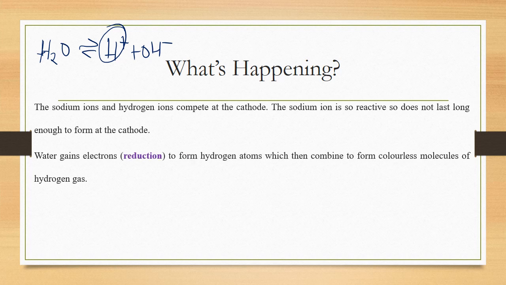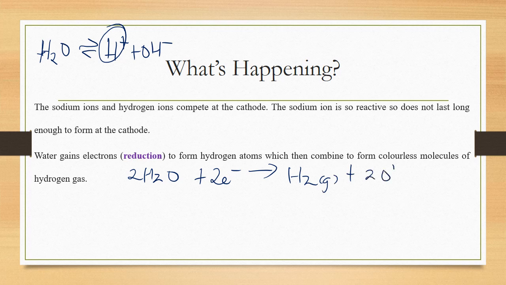Another way of looking at it could be that water gains electrons to form hydrogen atoms, which combine to form colorless molecules of hydrogen gas. So you could look at it like this. 2 water molecules come along. They gain 2 electrons, and form hydrogen gas, H2 gas, plus 2 hydroxide aqueous, and the liquid water.